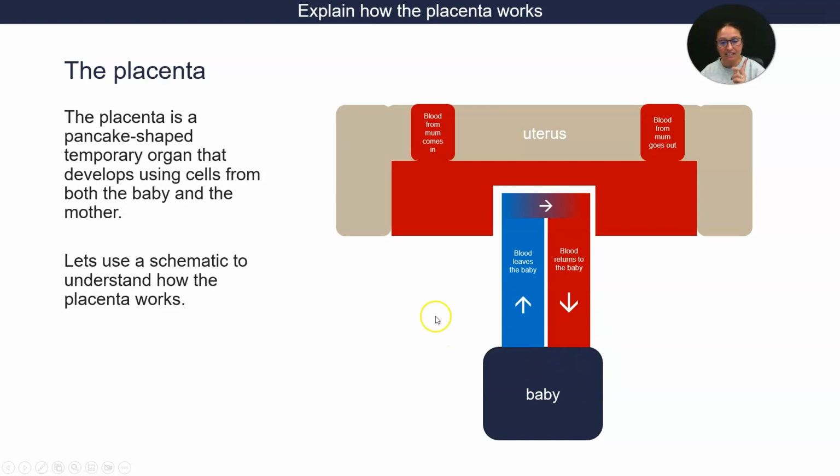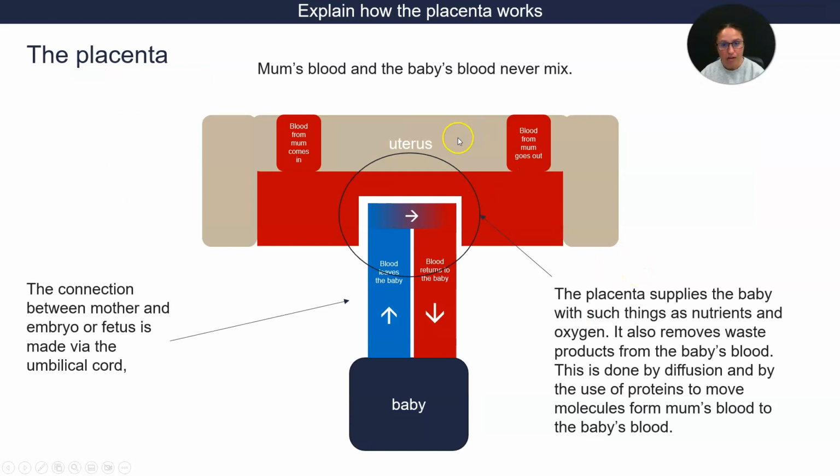Now, what we need to understand, though, is that baby's blood and mother's blood do not mix at all. So there is a space between where mum's blood is and where the baby's blood is.